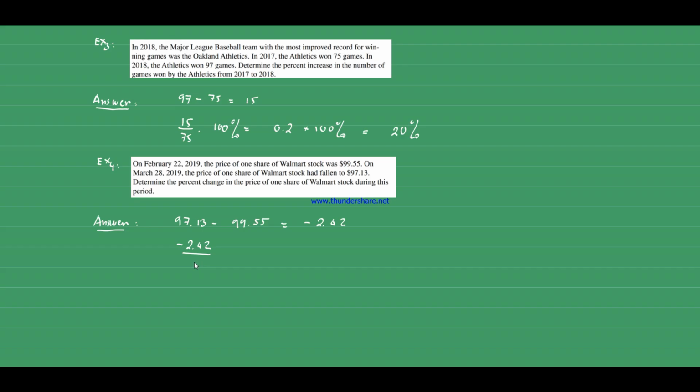You divide by the initial one, which is 99.55, and you multiply by 100.